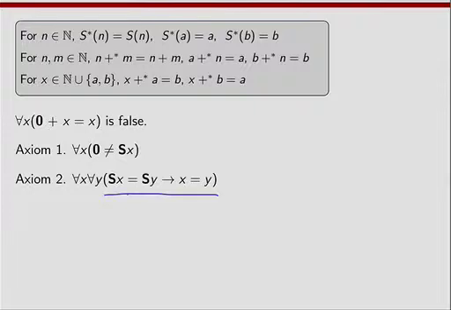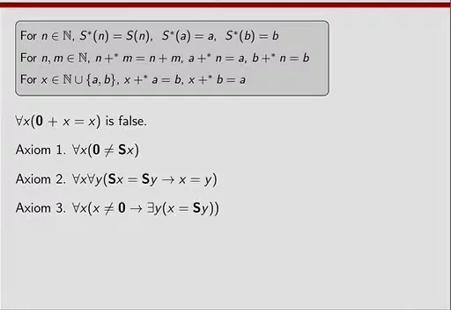And of course, the extension to how the successor function works on the new symbols is also 1-to-1, because A gets uniquely mapped to A and B gets uniquely mapped to B by the new interpretation, by this S star function. Okay, so axiom 2 is satisfied.